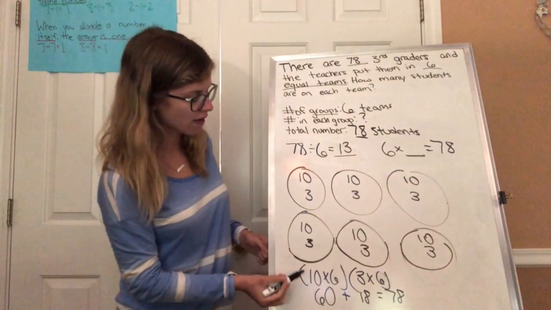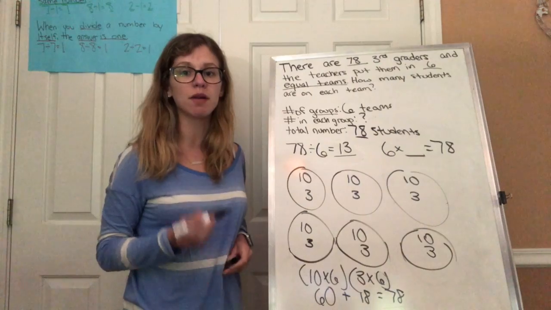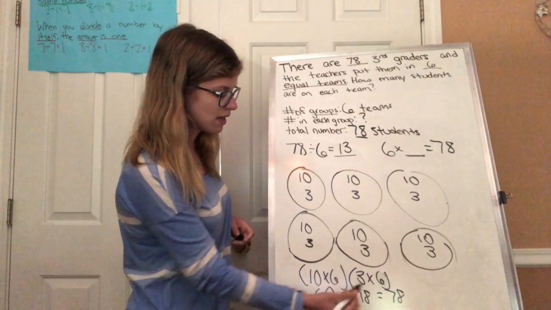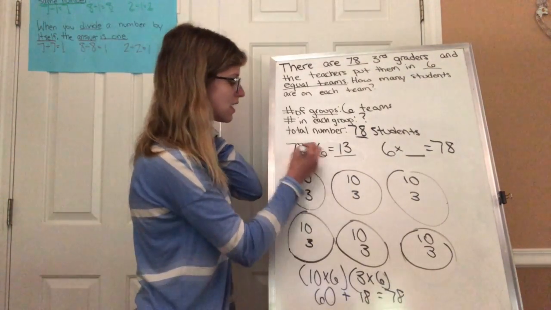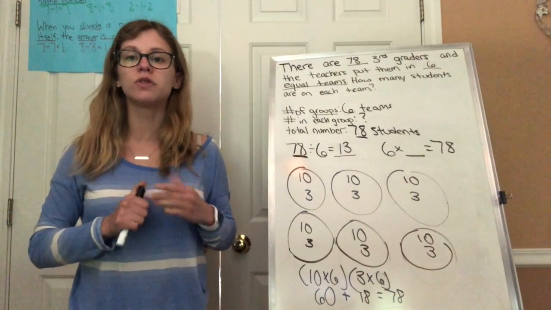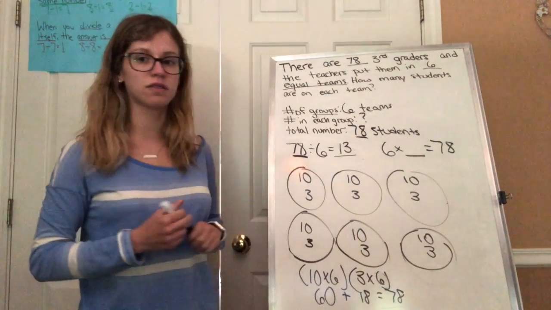I'm double checking to make sure that 10 times 6 is 60 and 3 times 6 is 18. So 60 plus 18 is 78, or the total number of students. I'm just double checking using a multiplication sentence to see if this still works.